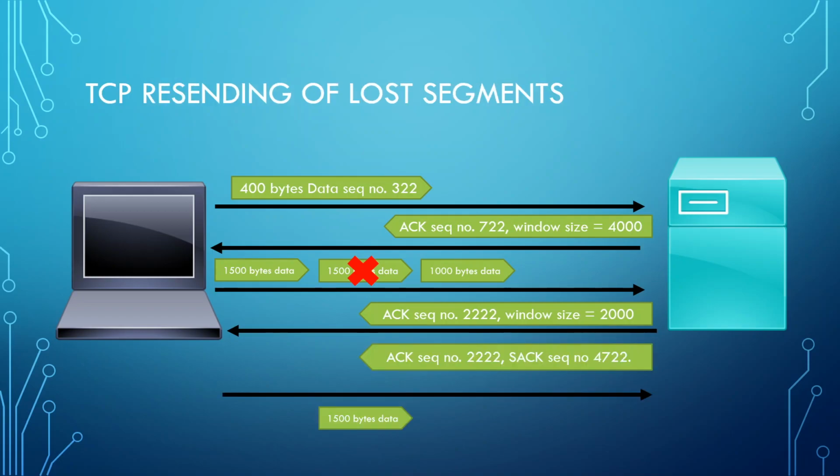Now let's see how TCP actually helps with the resending of lost segments. In the previous example, we saw how, out of the 3 packets that the client was sending to the server, 1 packet was dropped. So how does the server tell the client that the middle packet you sent me dropped? I didn't receive that.